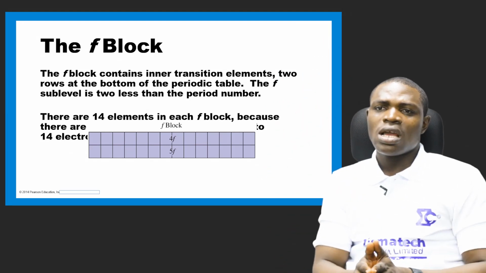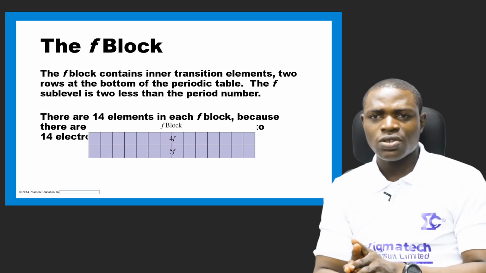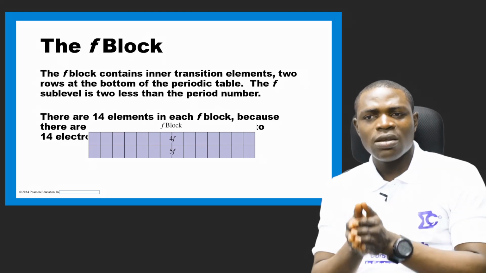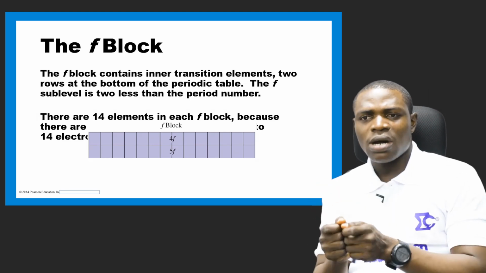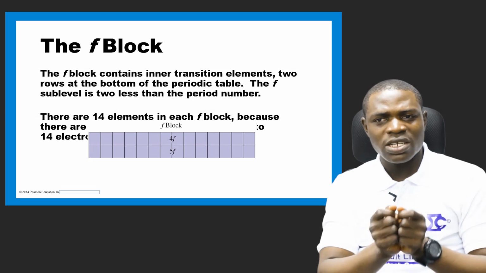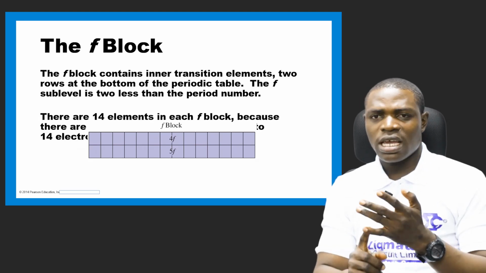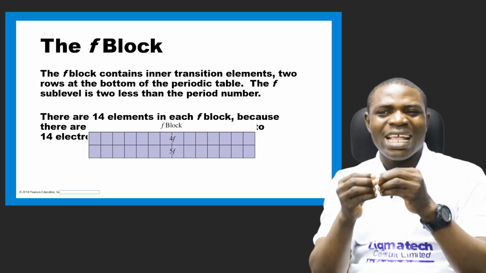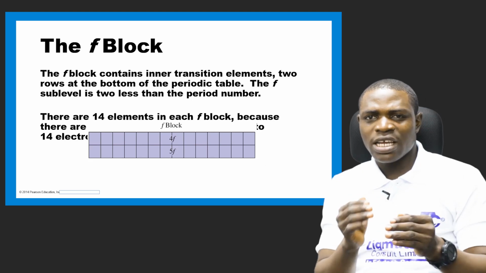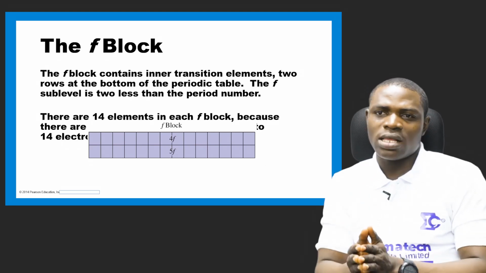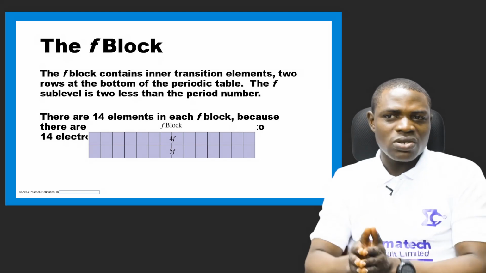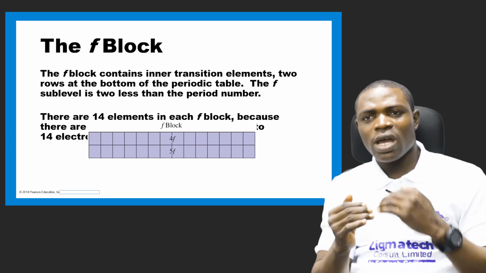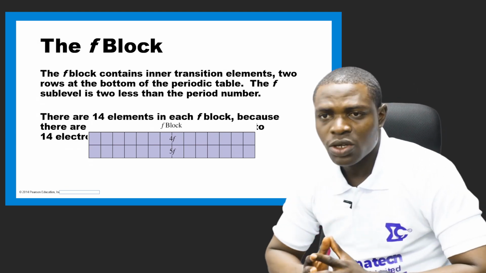Please, all these things are very important. I'm laying emphasis on this so that you will not have problems when you are solving any question on the arrangement of electrons, or what we call electron configuration. So we say that in the D block, the sublevel is 1 less than the period number. Now come to the F block elements.